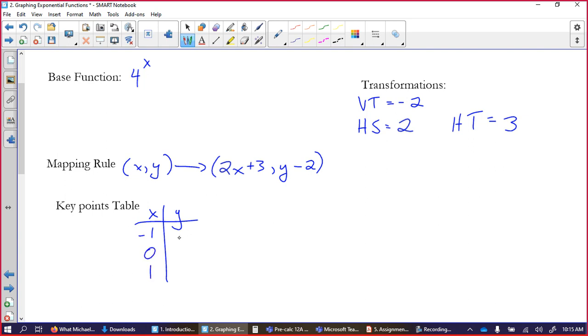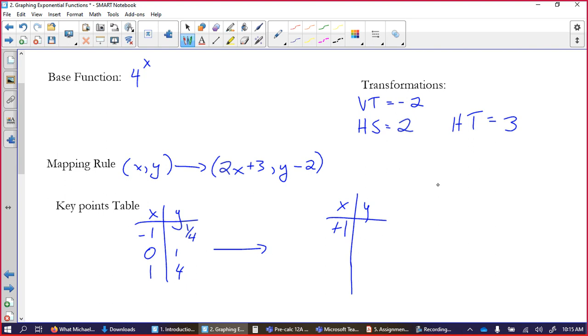So a quarter, 1, and 4. Now 2 times negative 1 is negative 2. Negative 2 plus 3 is 1.